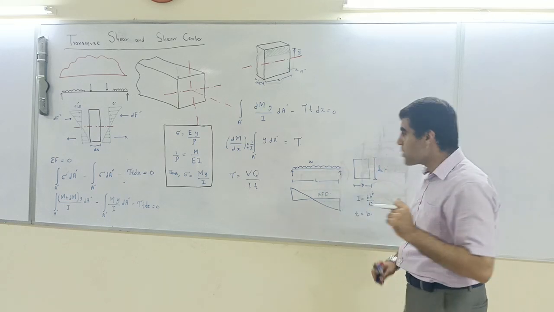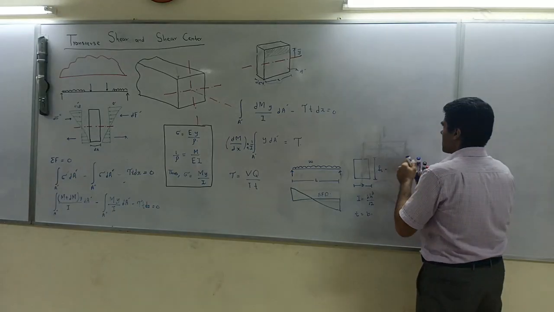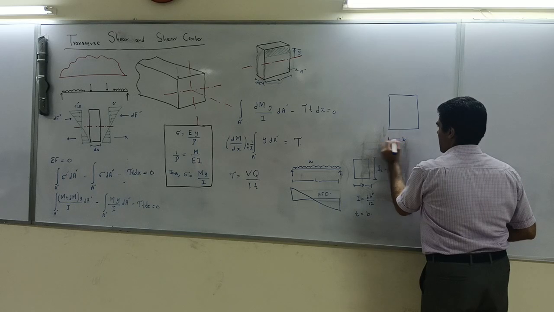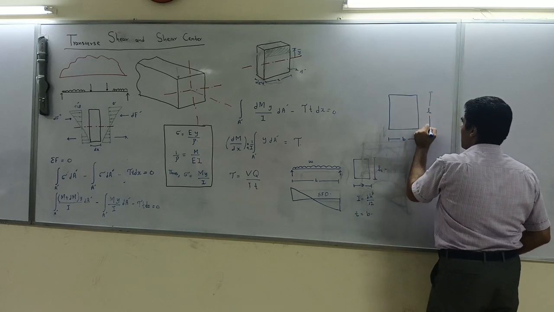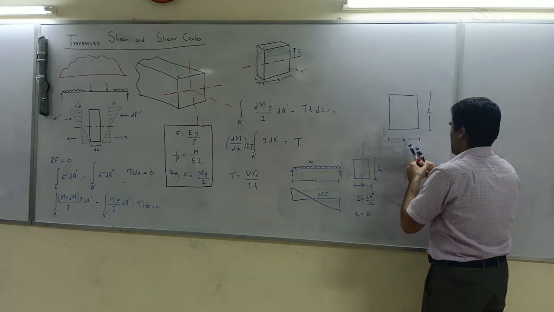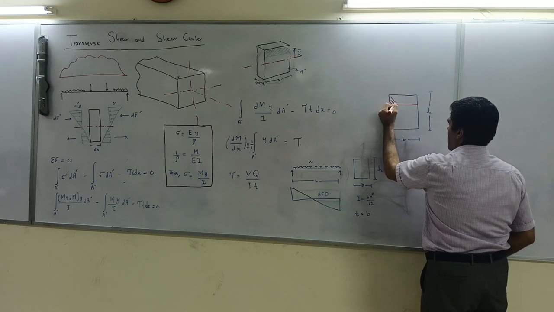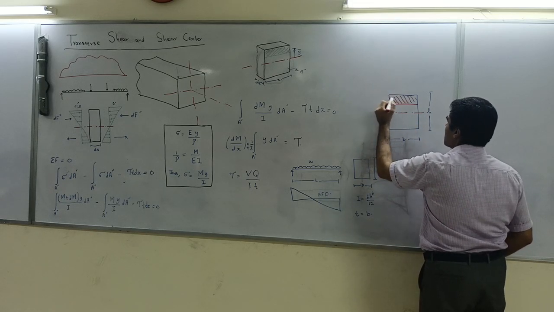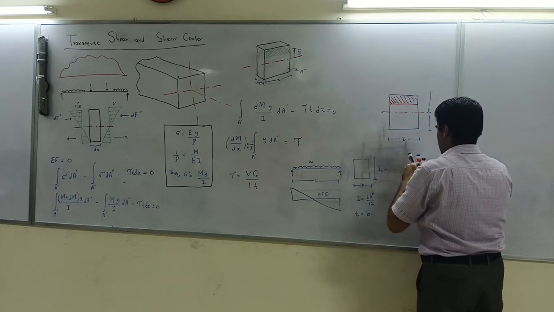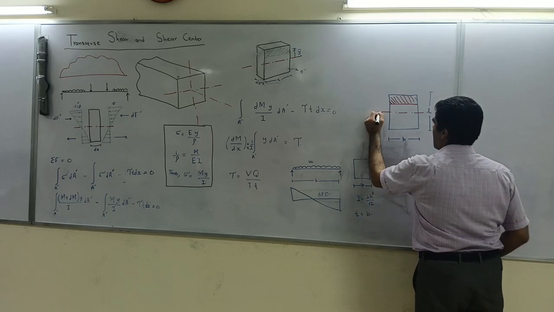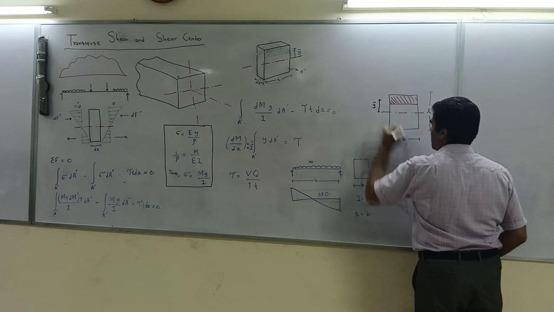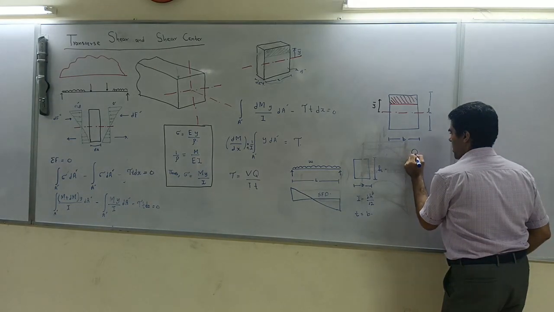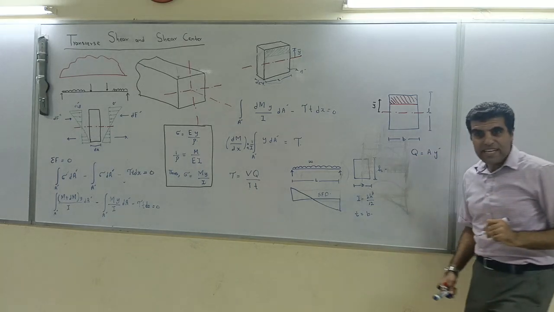Now it is important to understand what Q is. If I have got a rectangular beam having width B and depth H, Q is normally A Y bar.